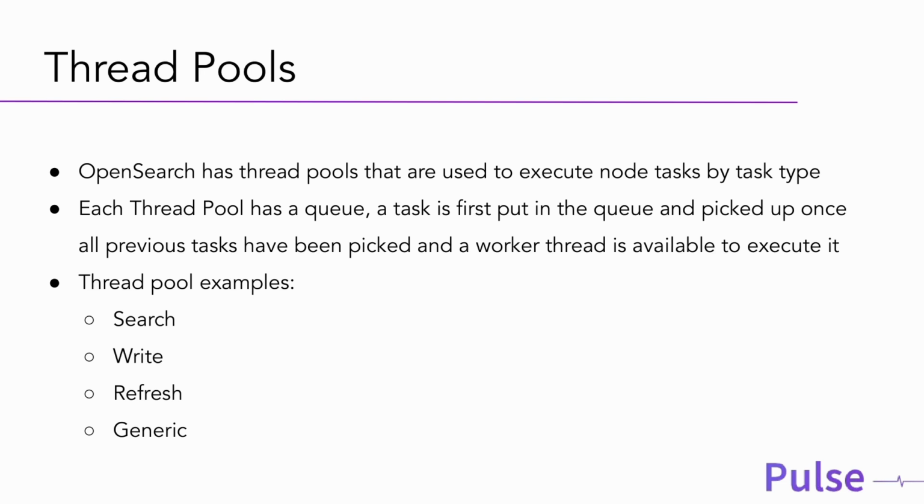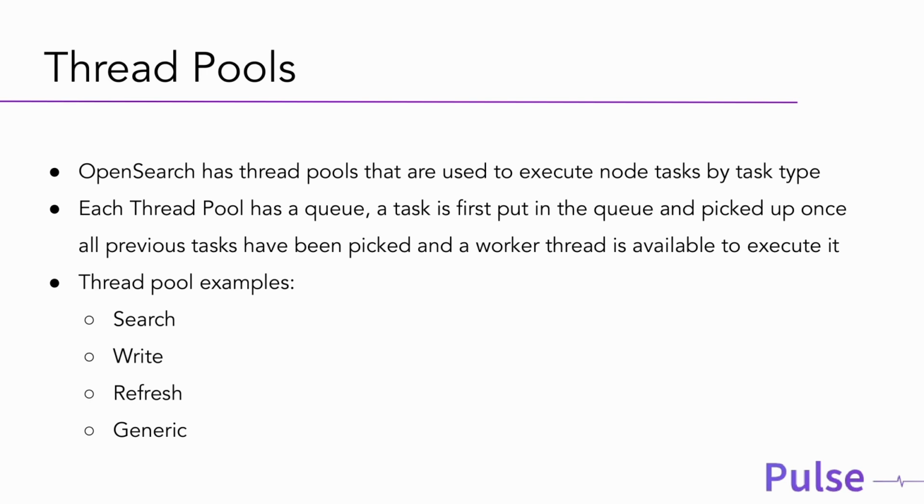The 11th query is going to have to wait in a queue. So we have this thread pool queue, and we really have to monitor it, because if it's always busy, it means you're under-provisioned, or there are optimizations that need to happen on the queries or anything else.